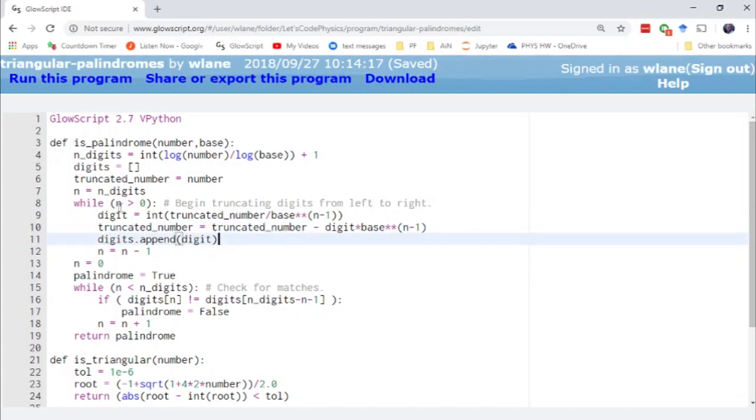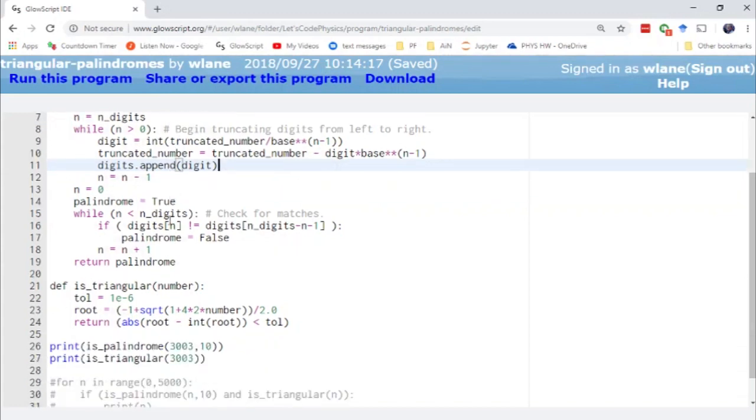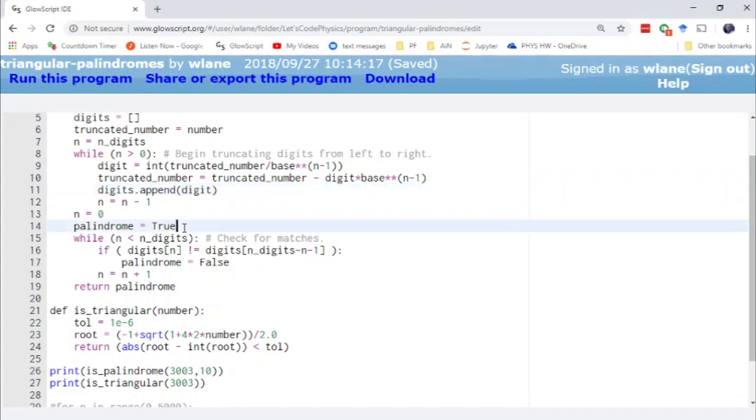So basically, this list digits here is the number that we put in separated out by digit. So the first part is going to be the leftmost digit, then the next digit, then the next digit, then the next digit in this list of digits. And so then to check for whether this thing is a palindrome, all we have to do is check for whether the digits match on either side of the middle. So we take our loop here. Now we're going to loop upwards.